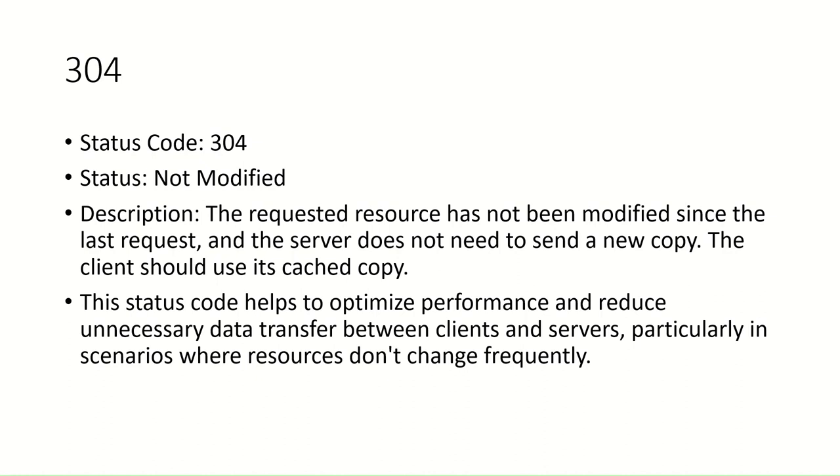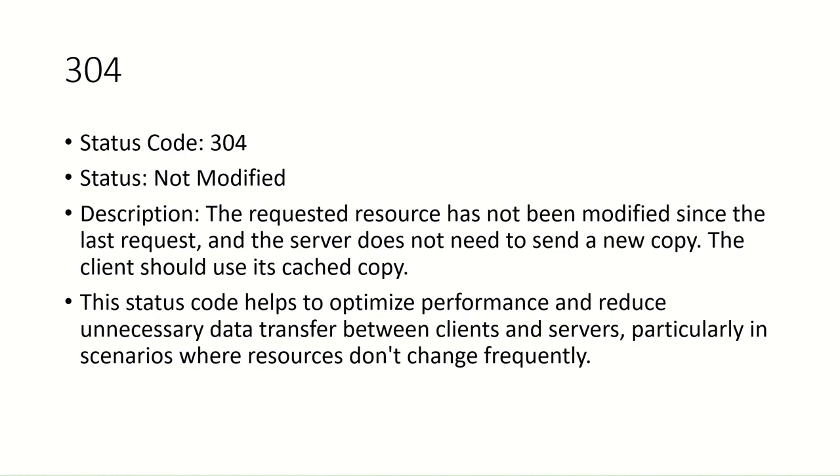In that case you can use 304 as a status code. So this is what we are saying here: the requested resource has not been modified since the last request, and the server does not need to send a new copy. The client should use its cached copy.